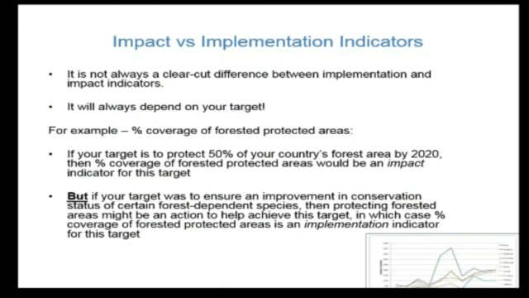But if your target was to ensure an improvement in conservation status of certain forest dependent species, then protecting forest areas might be an action to help achieve this target of improving the status of the forest dependent species. So creating protected areas would be an implementation indicator for this target.